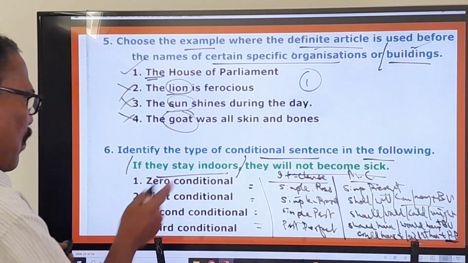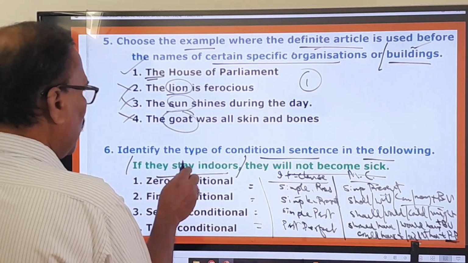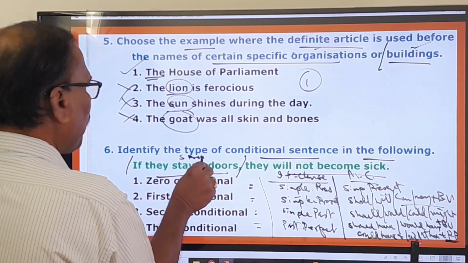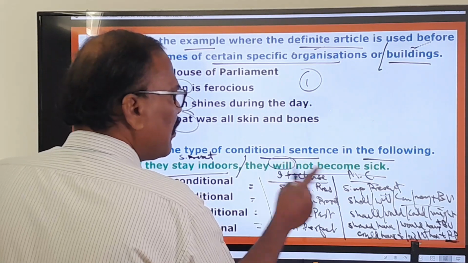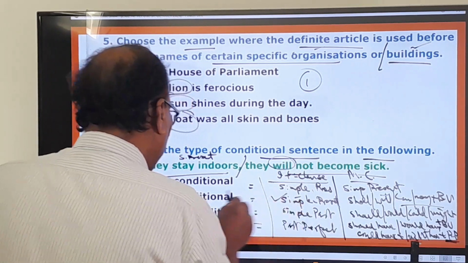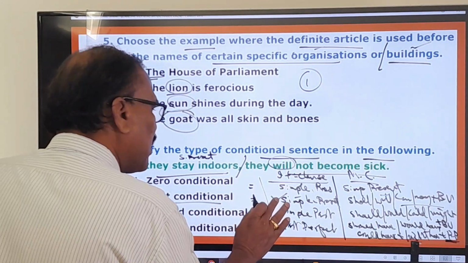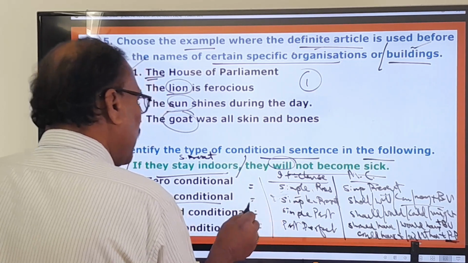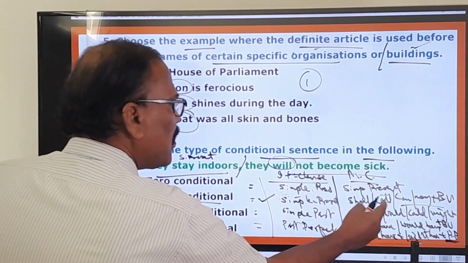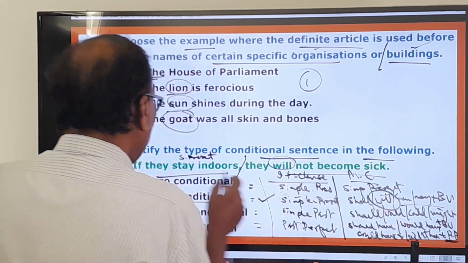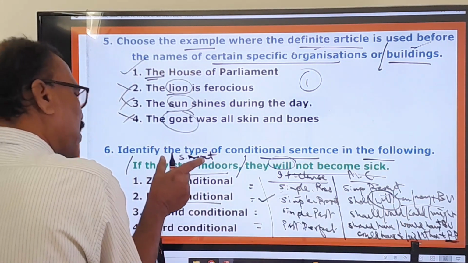So here now, what is there? If they stay indoors, this is in the simple present. Here there is a sentence with will. So this is the first conditional sentence: simple present and shall or will. In the if clause part, simple present tense is there.